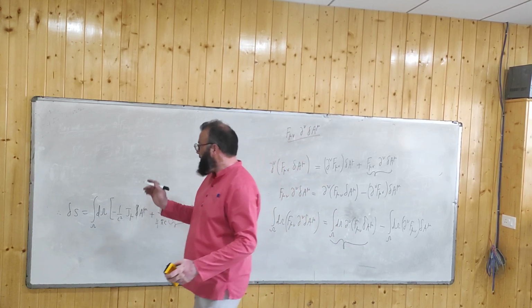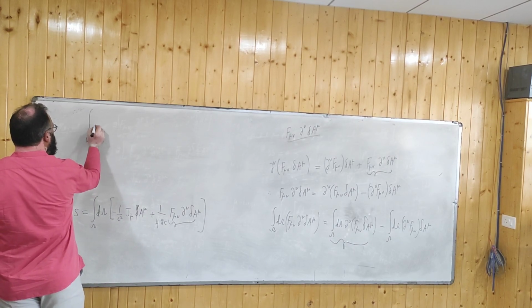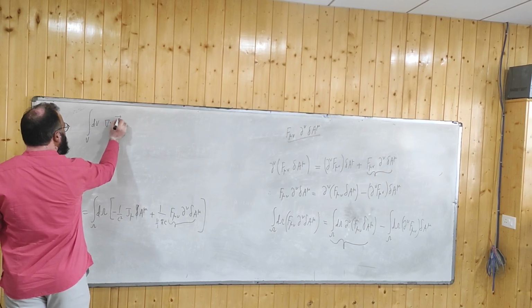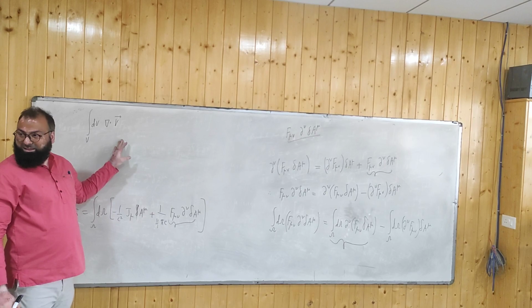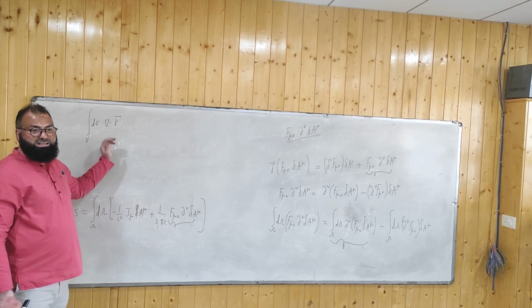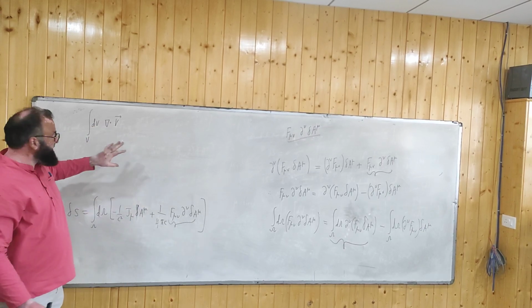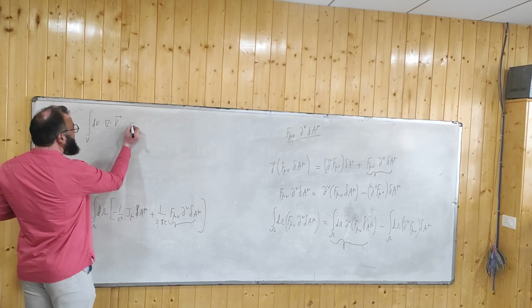So you have the volume integral ∫ dV of the divergence of some vector field V. Is this true? Now let's apply the Gauss divergence theorem here.